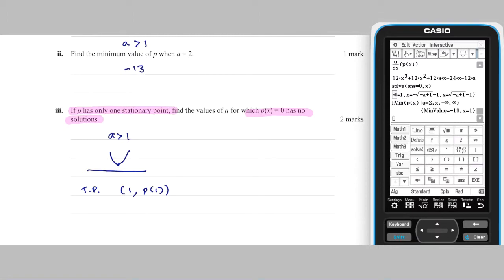And if we want this turning point to be above the x-axis, then p of 1 must be greater than 0. And so we're interested in p of 1. This is a quadratic in terms of a, with a leading coefficient of 1. Knowing this, we can find when it's equal to 0 and hence decide when it will be greater than 0.